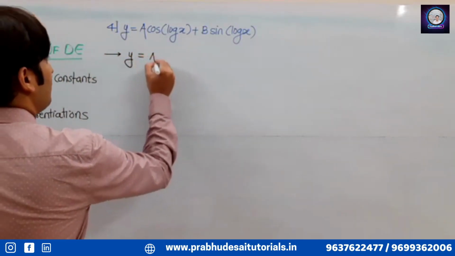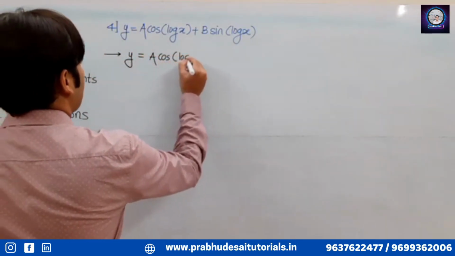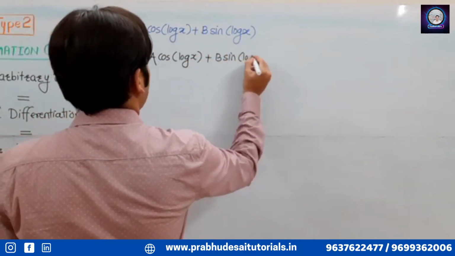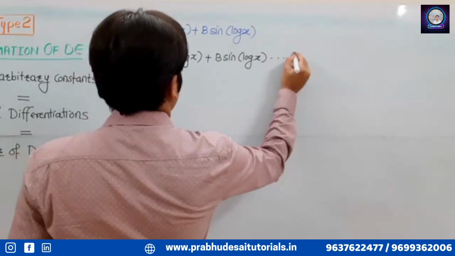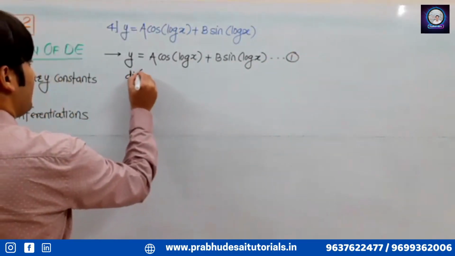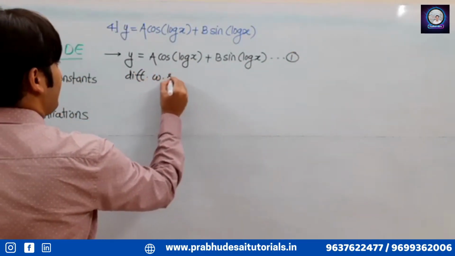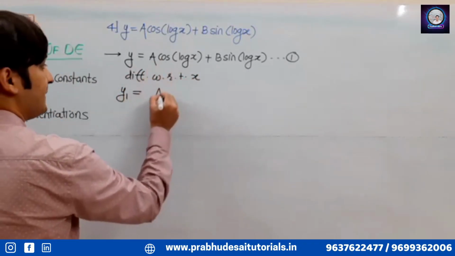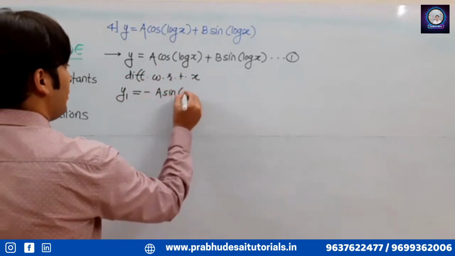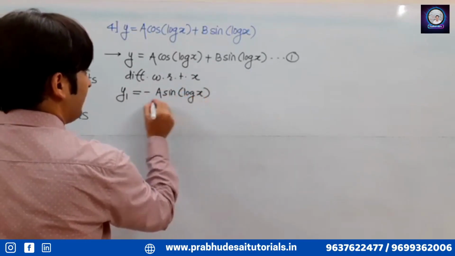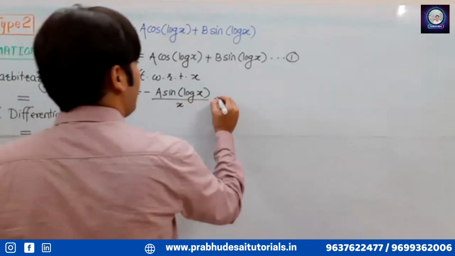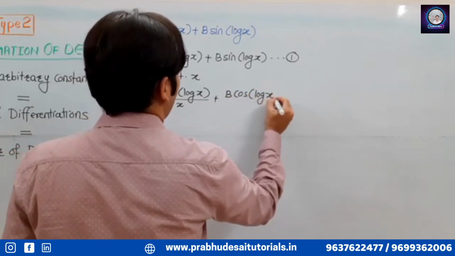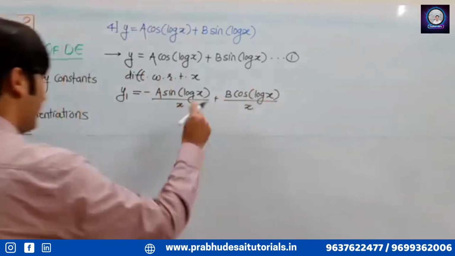y is equal to a cos of log x plus b sin of log x. I will call this number 1. Differentiating with respect to x, so it will be y1. a as it is, derivative of cos is minus sin of log x into derivative of log x which is 1 upon x, plus b, derivative of sin is cos of log x, derivative of log x is 1 upon x.